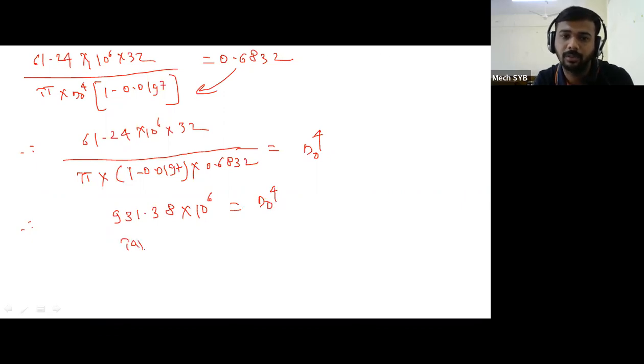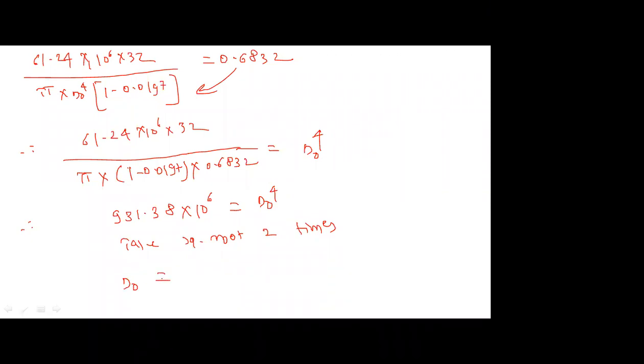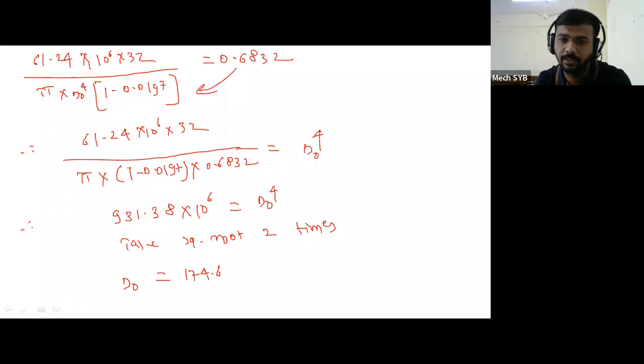Take square root 2 times. You will get the Do value: 174.69 mm.